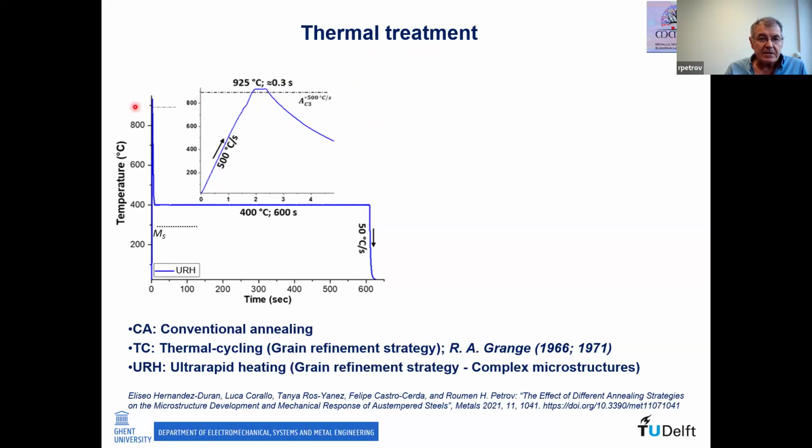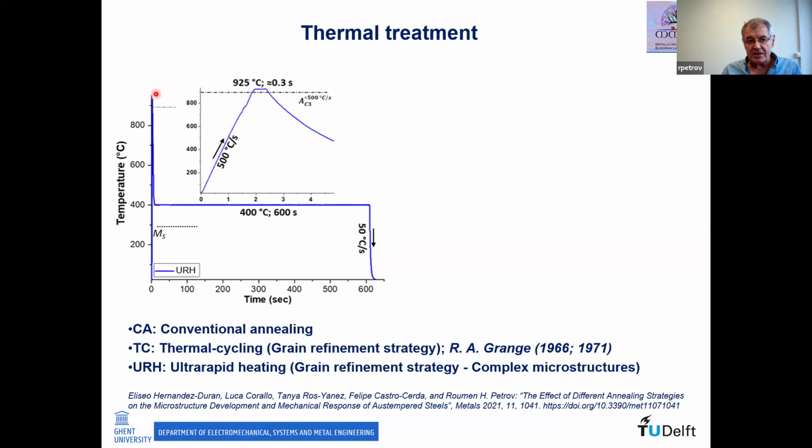And the Ac3 temperature for the heating rate of 500 degrees per second is somewhere here. So we went to 925, around 25, 30 degrees above this one, because with the slow heating rate, the Ac3 temperature is lower. And then we made our tempering.